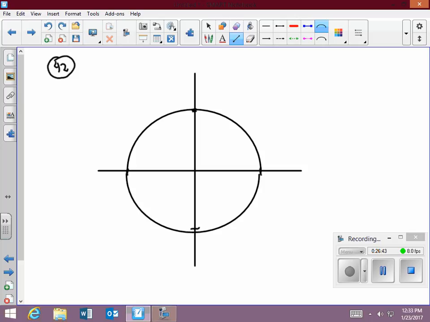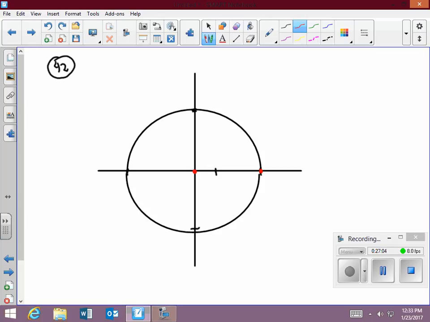But just grant me that's a circle, and the radius is this, right? From the center out to any point on the circle, right? Any one of those things should be a radius.